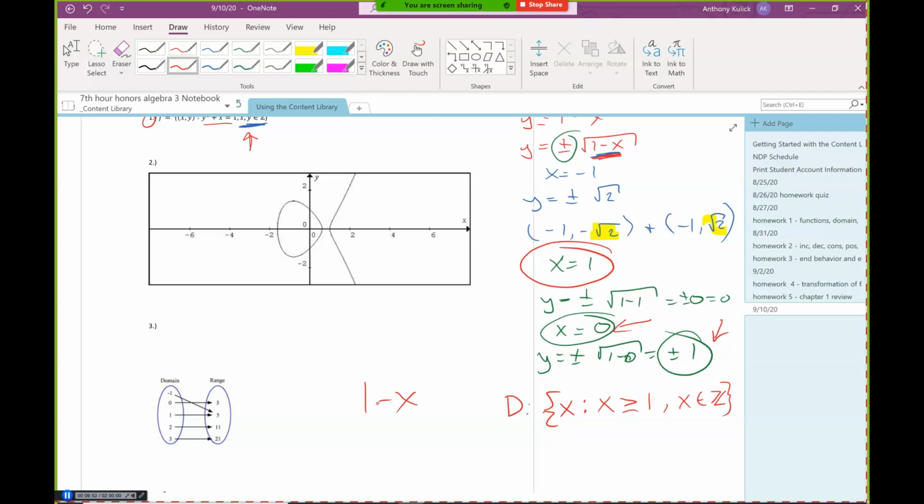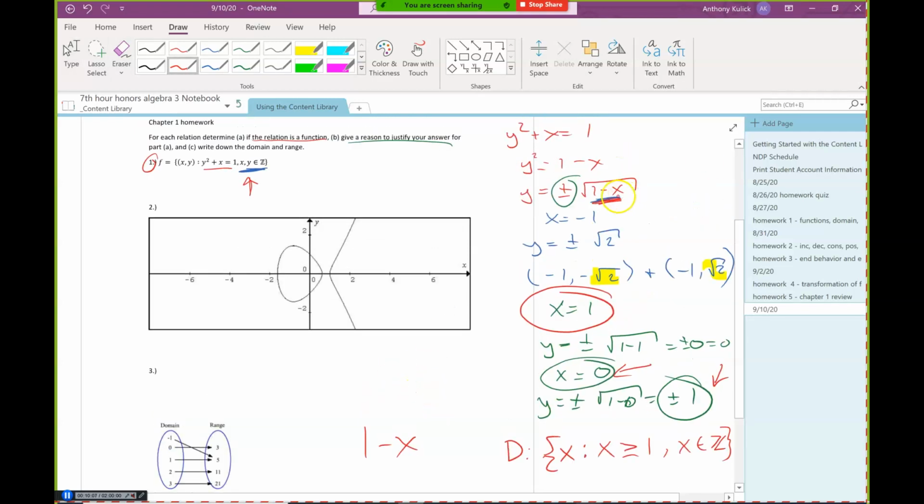Amy? So this was just when I plug -1 in here, 1 minus a -1 is 1 plus 1, which is 2. So I'm left with the square root of 2. Is that okay? Okay, we still have to do the range, though.